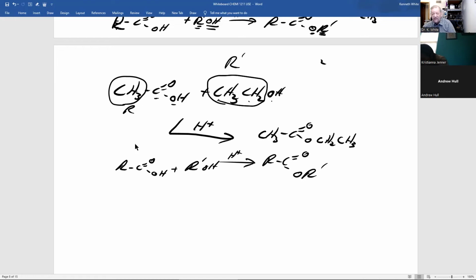Now, I have a question for all of you. Can anybody see the significance of this reaction? Take a couple seconds, look at it. I'll even give you a few more seconds. What's the significance of this reaction?